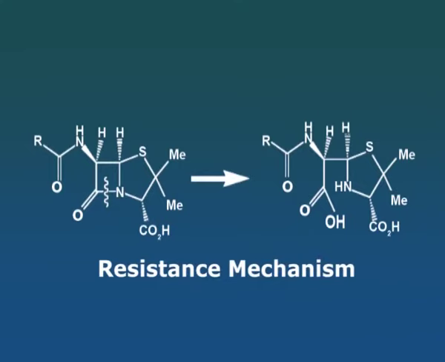Now let us study what is penicillin resistance. Penicillin resistance first became a serious problem in the early 1960s. Overuse of penicillin, particularly penicillin G, led to rapid emergence of penicillin-resistant bacterial strains which contained an enzyme, beta-lactamase, which deactivated the drug by cleaving the beta-lactam ring. Now let us study the resistance mechanism.